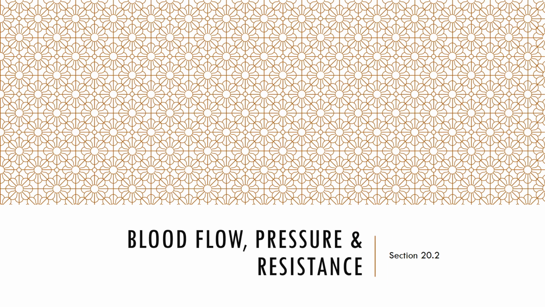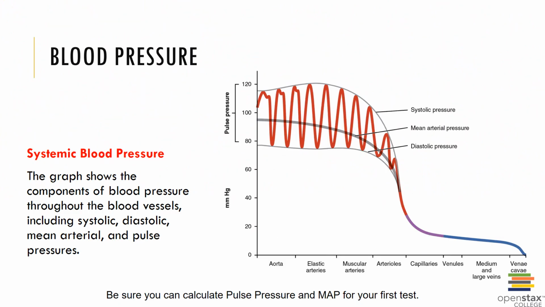Next, look at blood flow, pressure, and resistance, so we can examine some of the physiological concepts that are related to the function of our cardiovascular system. Let's start with blood pressure. Blood pressure is defined as the force per unit area exerted on the wall of a blood vessel by the blood contained within it, and pressure is measured in millimeters of mercury.